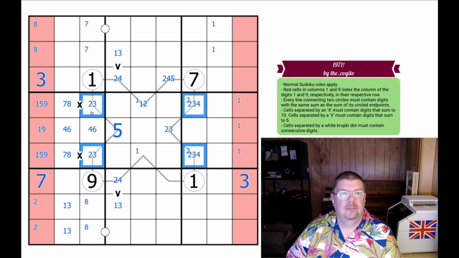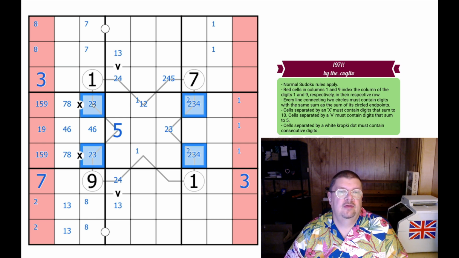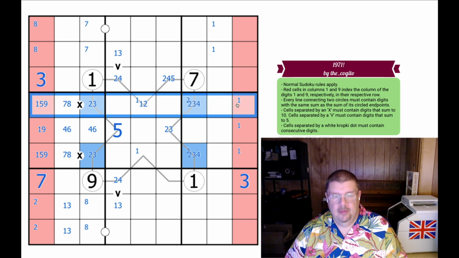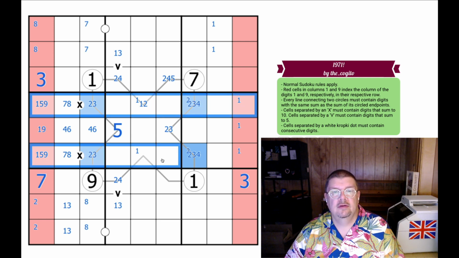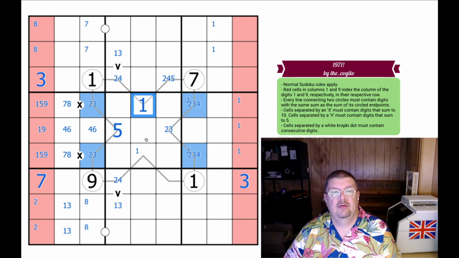So in those four cells, I've either got a 2 here and a 2 here, or a 2 here and a 2 here. What that also means is that as well as using up the 2 in both of these columns, I've also used up the 2 in both of these rows. So this can't be a 2 anymore. That is a 1, and that is not a 1.